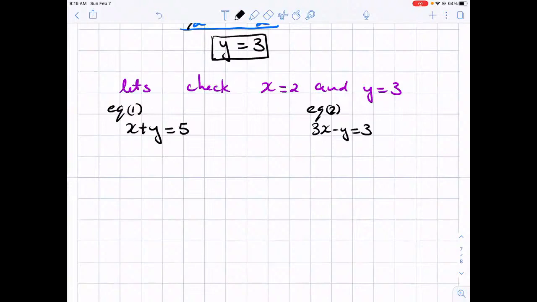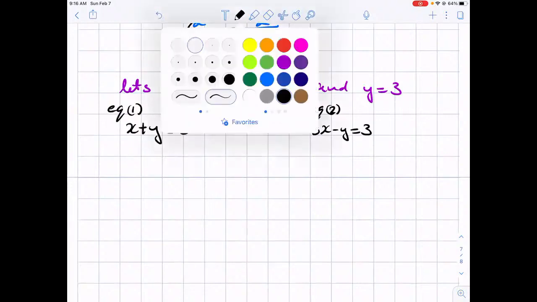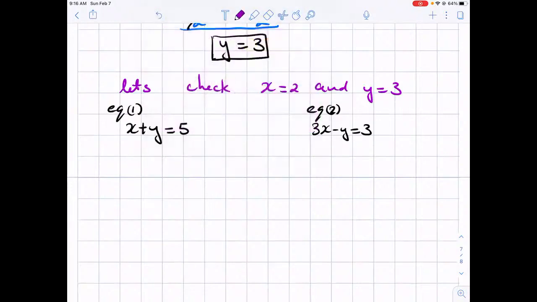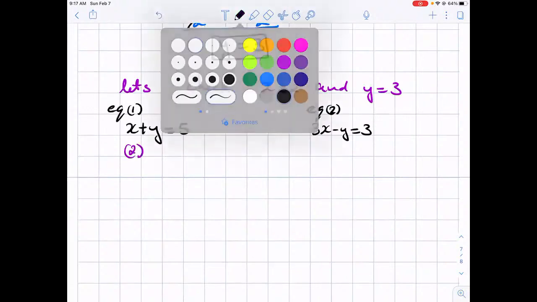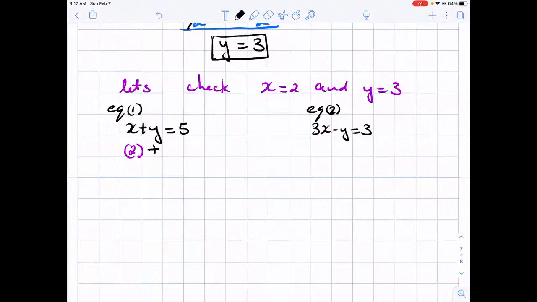And if we plug in those values, instead of x, I write 2, plus, instead of y, I write 3, and see if we simplify the left side. So 2 plus 3 is equal to 5, 5 is equal to 5. So x equals 2 and y equals 3 satisfy equation 1.